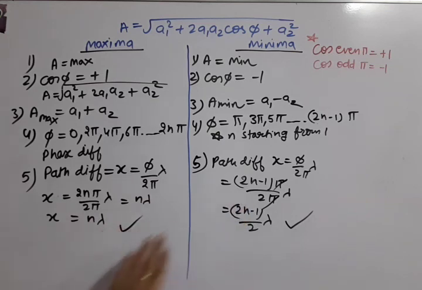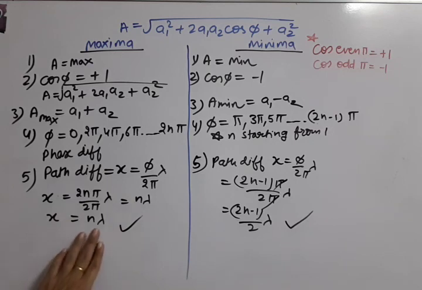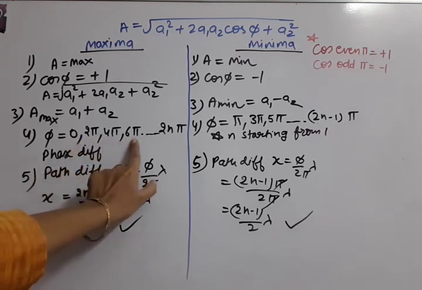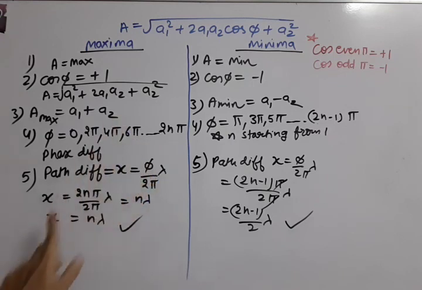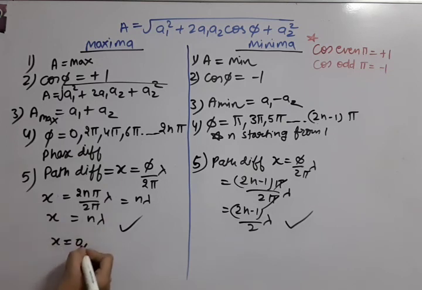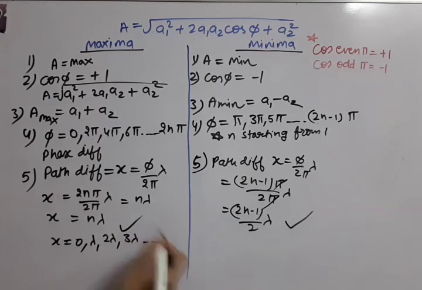Now we will apply all the n values and make the possible path differences, like we have made the possible phase differences, no? In the same manner, possible path differences. So put n as 0, then n as 1, then n as 2, then n as 3, like that.